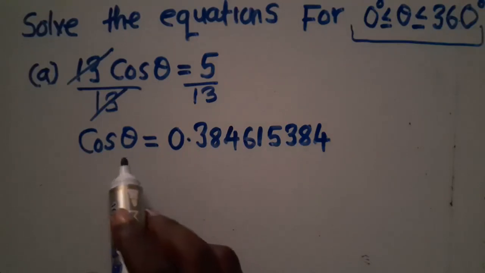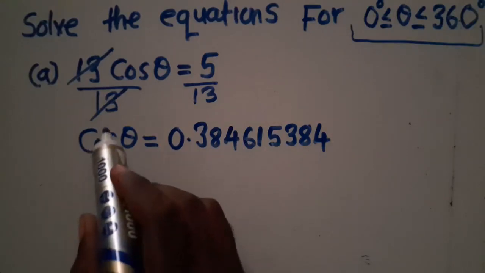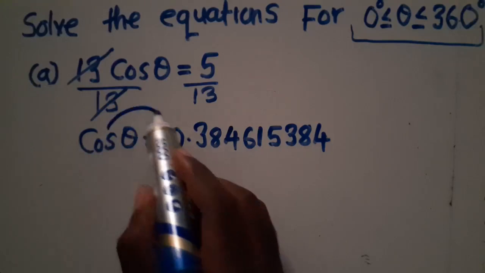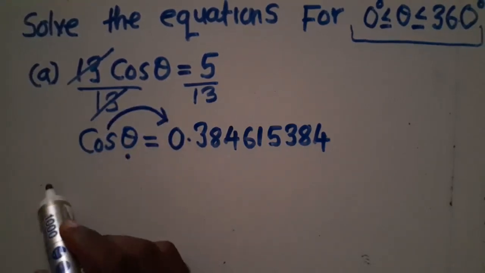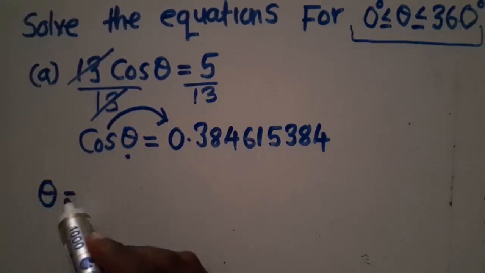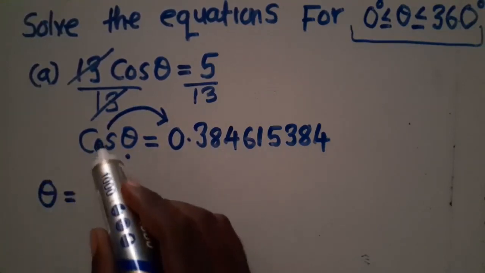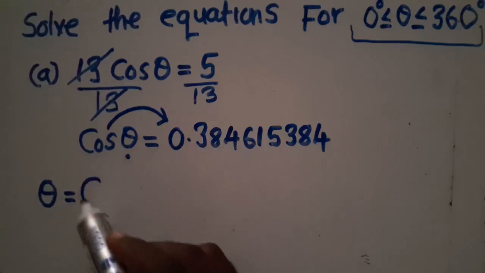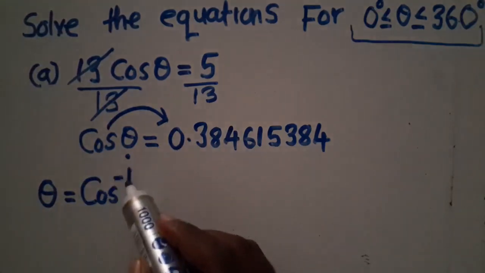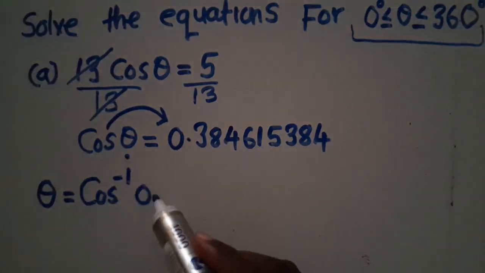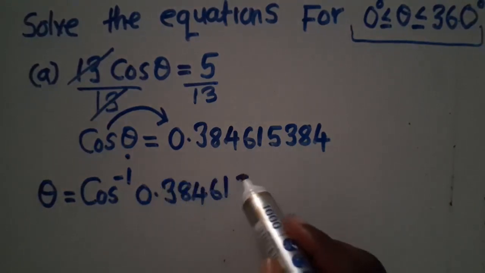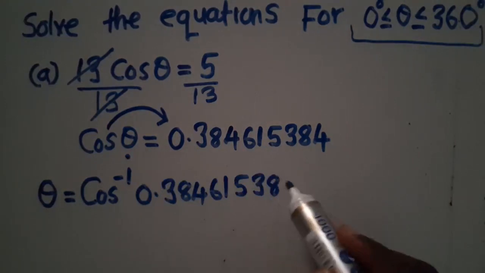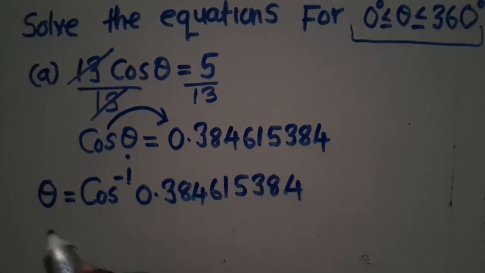What are you supposed to do? This cos will move to the other side of the equation because you want to find the value of theta. When cos moves to the other side, it becomes cos inverse. Cos inverse of 0.38461538.